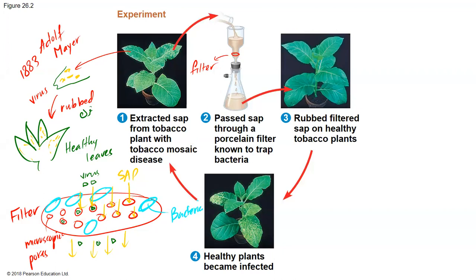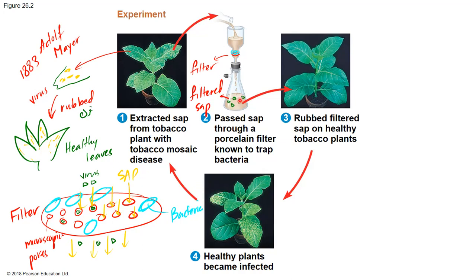So the idea is that by filtering the sap, the bacteria will remain on the filter, while viruses will be found in what we call the filtered sap, المنقى. Okay.